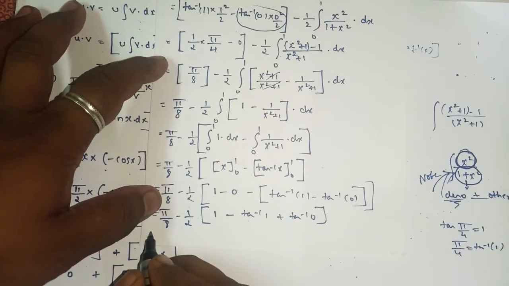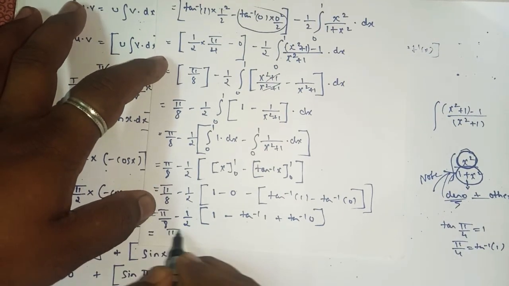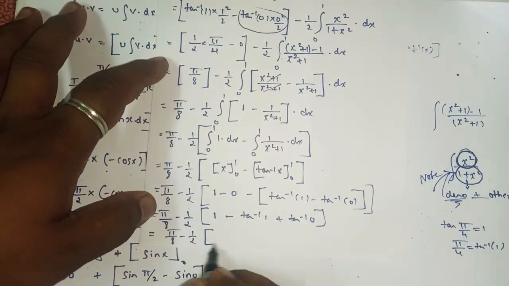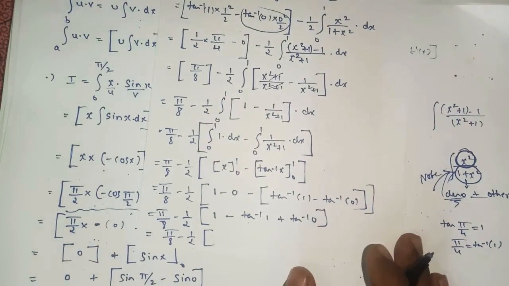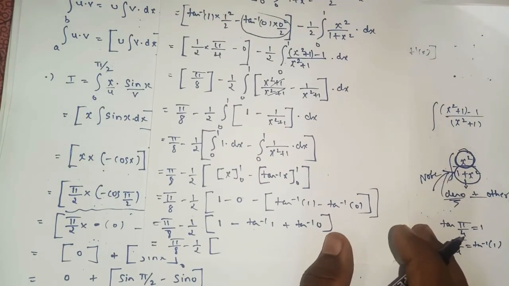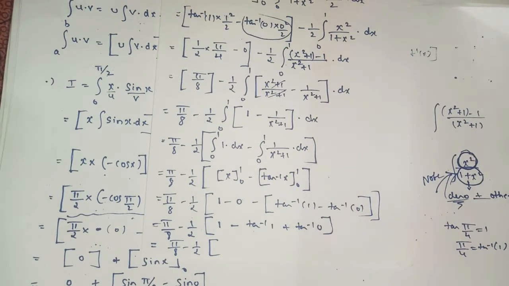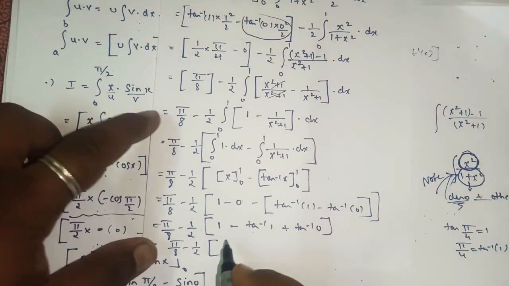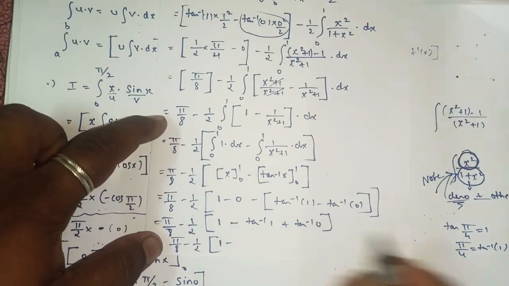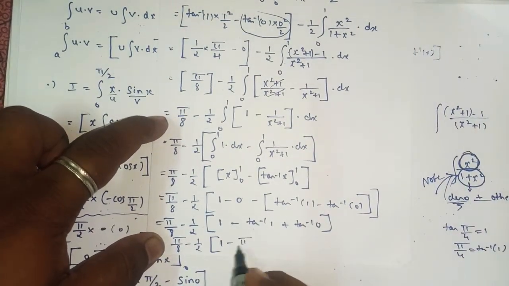So pi by 8 minus 1 by 2, so here what you will get, this part will be the same, and just now we saw tan inverse 1 is pi by 4.